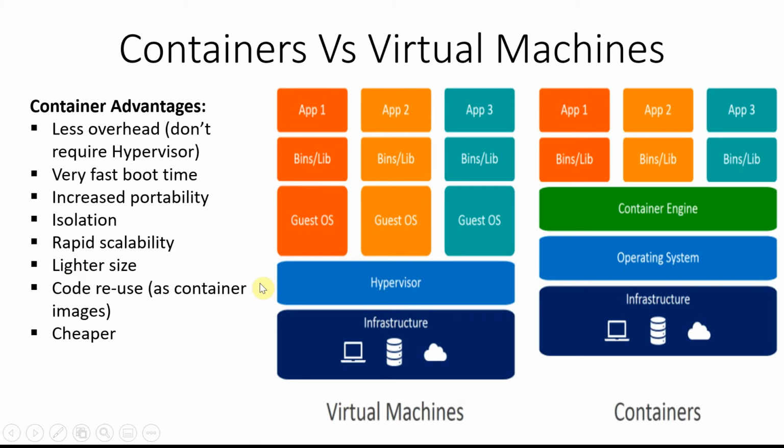So, summary: containers have fewer layers. That way they have a lot of advantages, especially because they take out the guest OS and hypervisor, which are the two critical components, so your layers are fewer. Because the layers are fewer, you get a lot of advantages like fast boot time, portability, isolation, scalability, lighter size, reusability, and being cheaper. These are the advantages of containers.